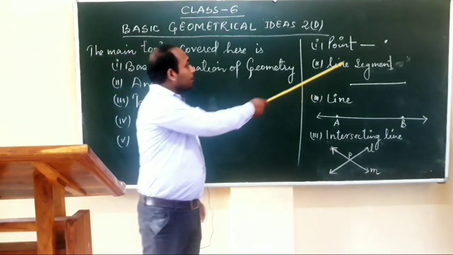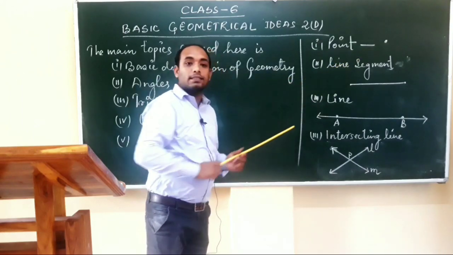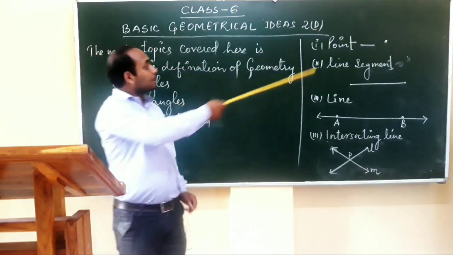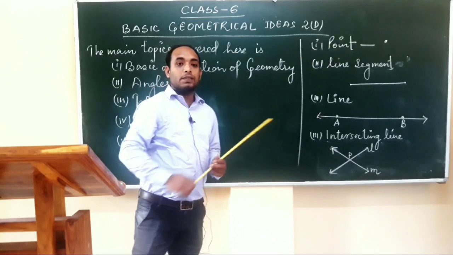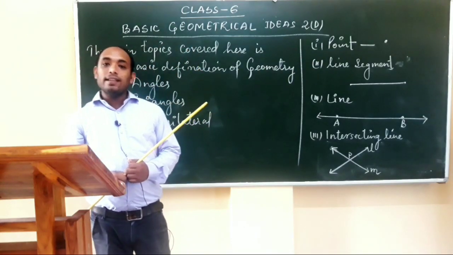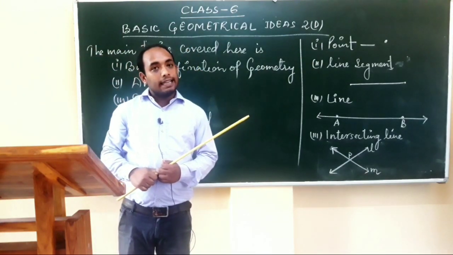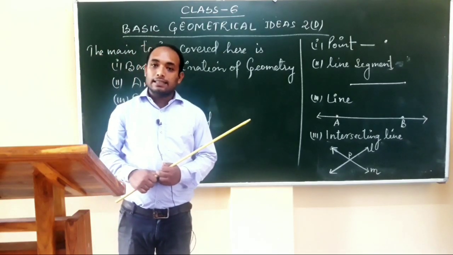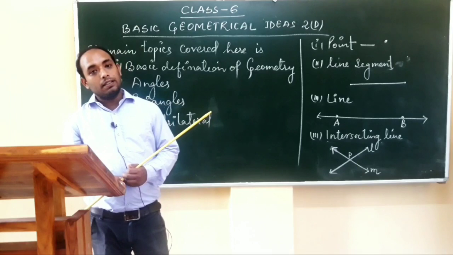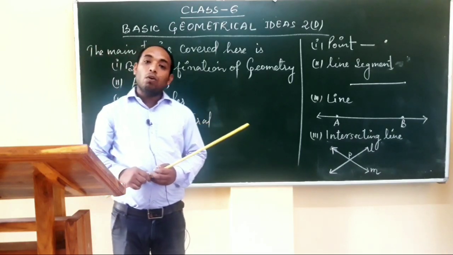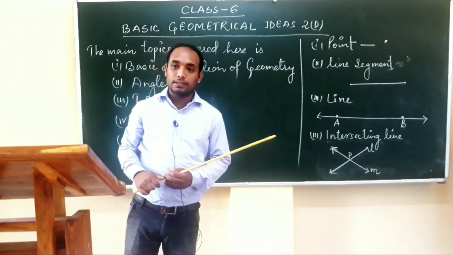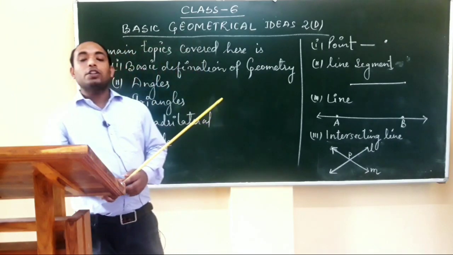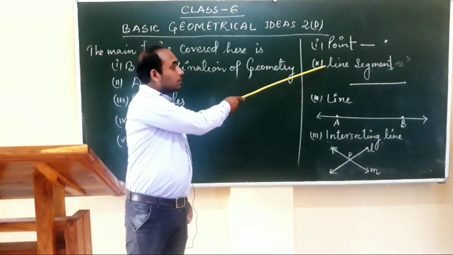Now this dot becomes a point. What is the use of this point? These kinds of points are used to locate some area or some place on a paper, on a picture, or on a map.